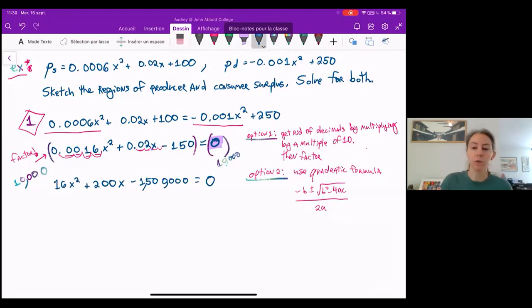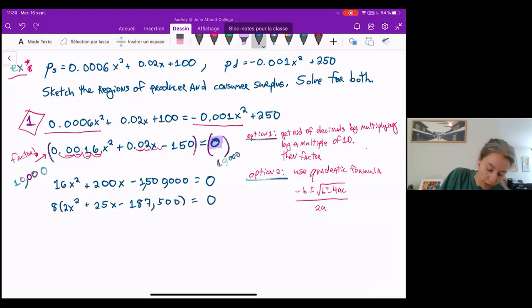You might be looking at this polynomial and thinking, ew, I would much rather use the quadratic formula. Totally fine. You're welcome to. It depends on how comfortable you are with factoring. I personally am more comfortable with factoring than I am with the quadratic formula. So now I'm going to factor the greatest common factor out of this thing, which is 8. So I'm going to have 8 times 2x squared plus 25x minus 187,500 equals 0.